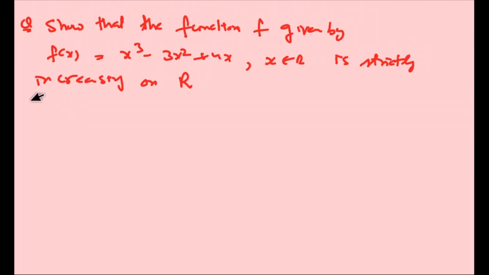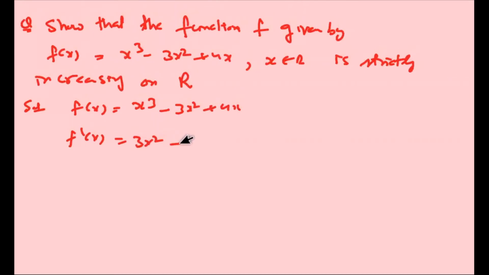Now you can see f(x) equal to x cube minus 3x square plus 4x. Now we can find f dash x, that is 3x square minus 6x plus 4, and now we can write this as 3 times x square minus 2x plus 4.